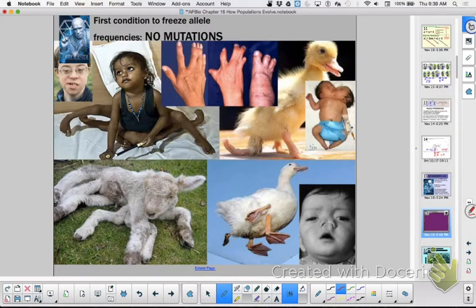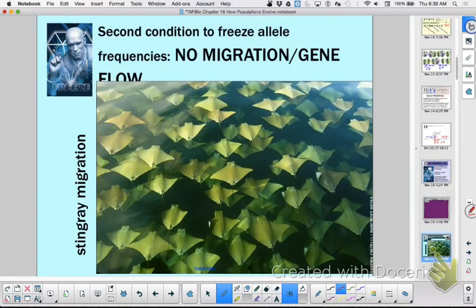And it says the Hardy-Weinberg principle only applies if the population remains unchanging. To ensure that, 5 conditions must be met. No mutations. When he did the finger one, what was the mutation? What finger was that? Middle. The middle finger mutation. So that'll help you remember that. So no mutations. The second condition was that there was no migration or gene flow.